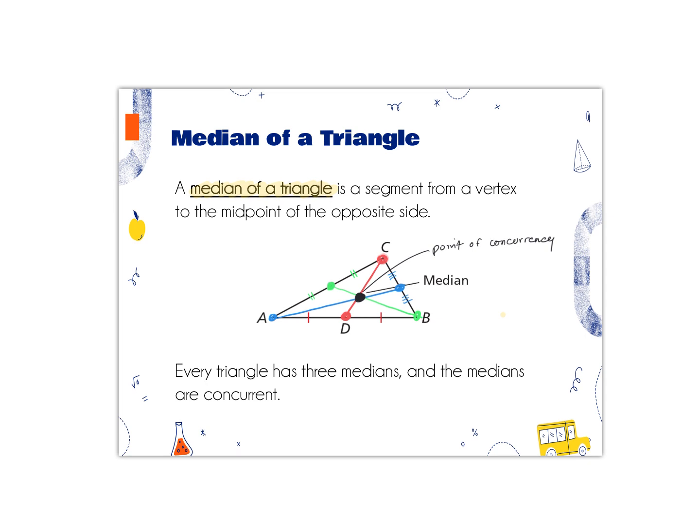But basically, every triangle has 3 medians, because you draw one from each vertex. Remember that vertices is the plural name for the vertexes of a triangle. And again, they're going to be concurrent. They're going to intersect in a point.